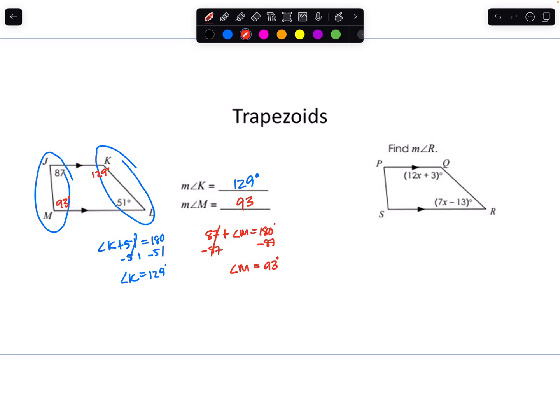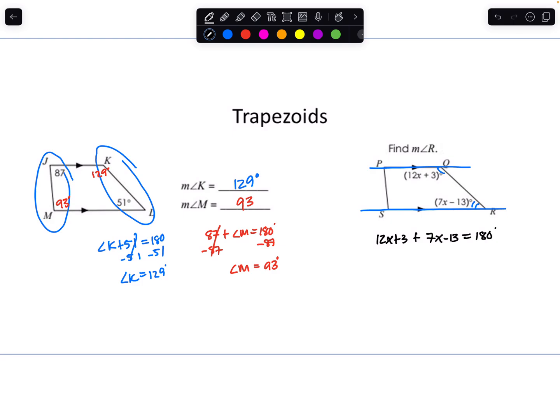In this next example on the right, as you can see, we're looking for the measure of angle R. Now, R and Q lie between the sets of parallel lines. These are my parallel lines, and because they are consecutive or next to each other, I know that together they will add up to 180 degrees. And that's how I set up my equation. 12x plus 3 plus 7x minus 13 will equal 180 degrees.